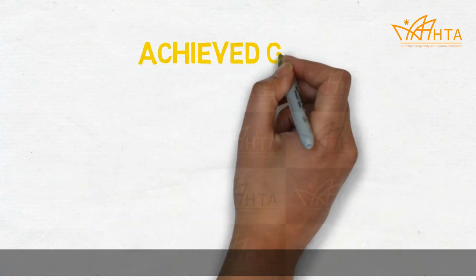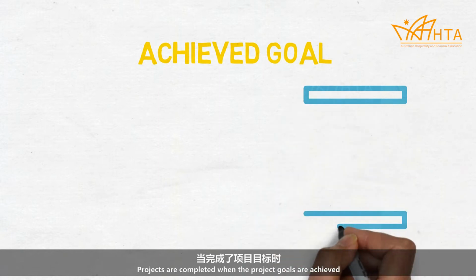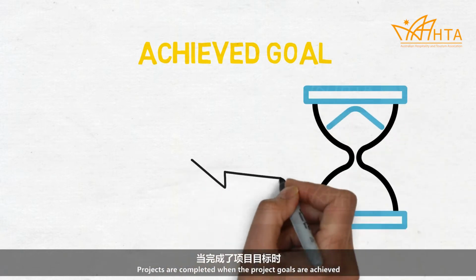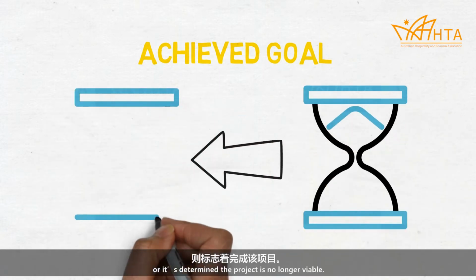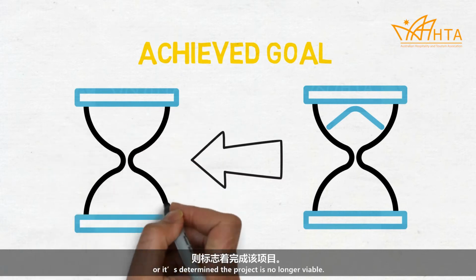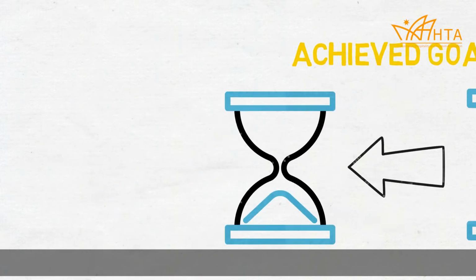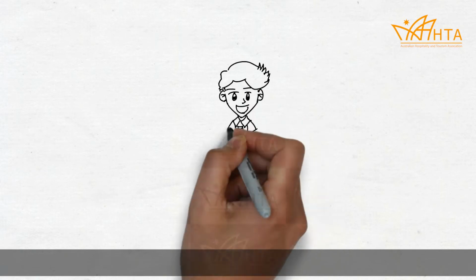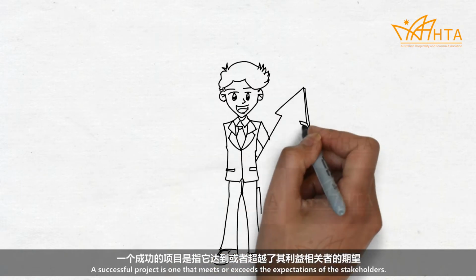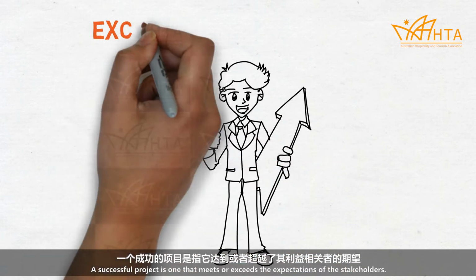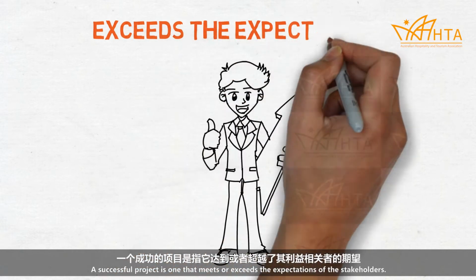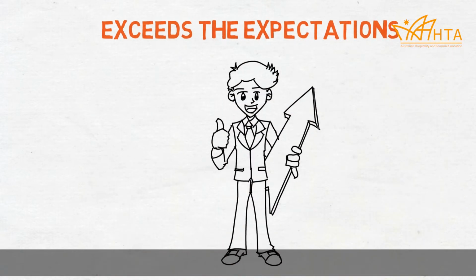Number three, projects are complete when the project's goals are achieved or it is determined the project is no longer available. Number four, a successful project is one that meets or exceeds the expectations of the stakeholders.